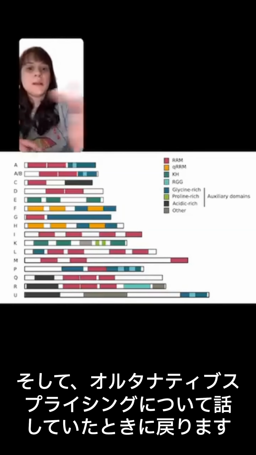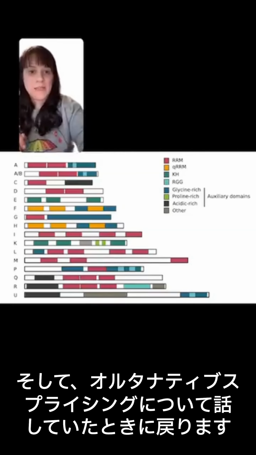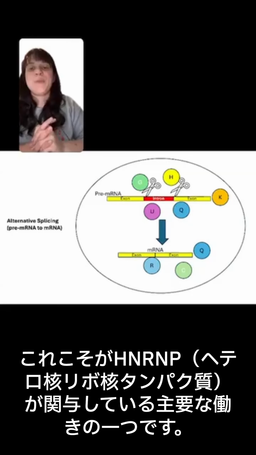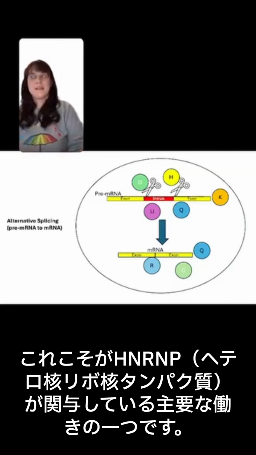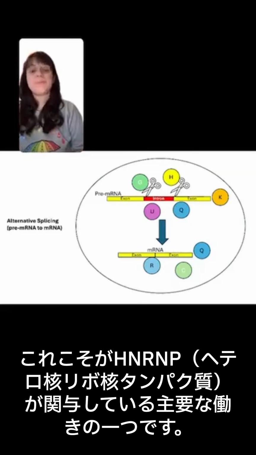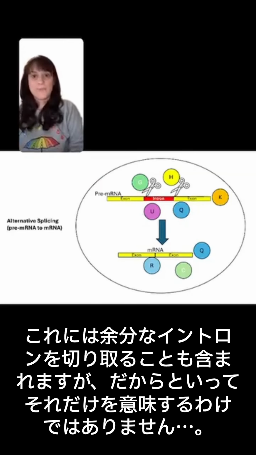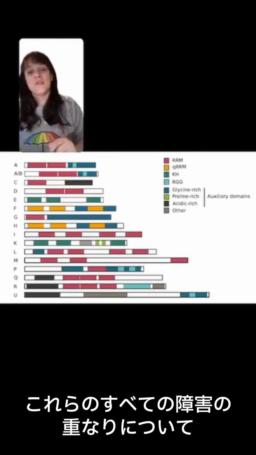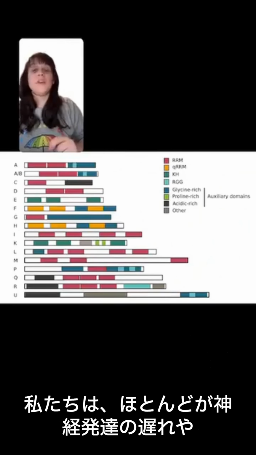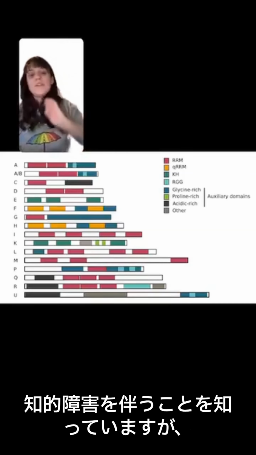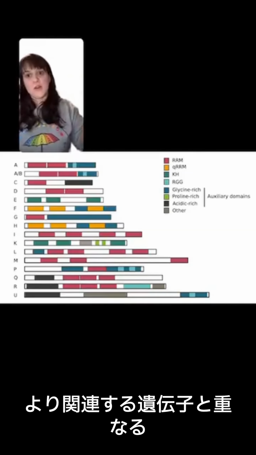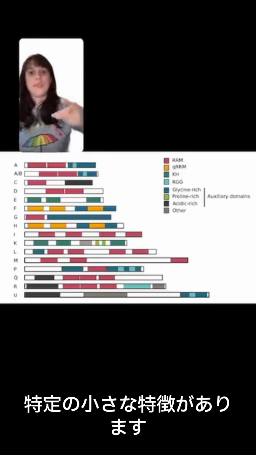And I'm just going to go back to when we were talking about alternative splicing. And so this is one of the key things that HNRNPs are involved in. And this includes cutting out those excess introns, but it doesn't mean overlap of all these disorders. We know that most of them involve neurodevelopmental delay and intellectual disability, but there are certain smaller features that overlap with more related genes.